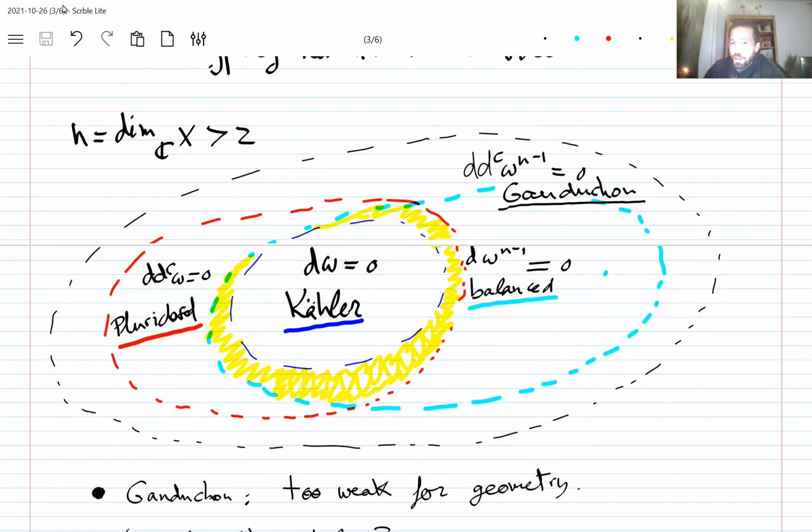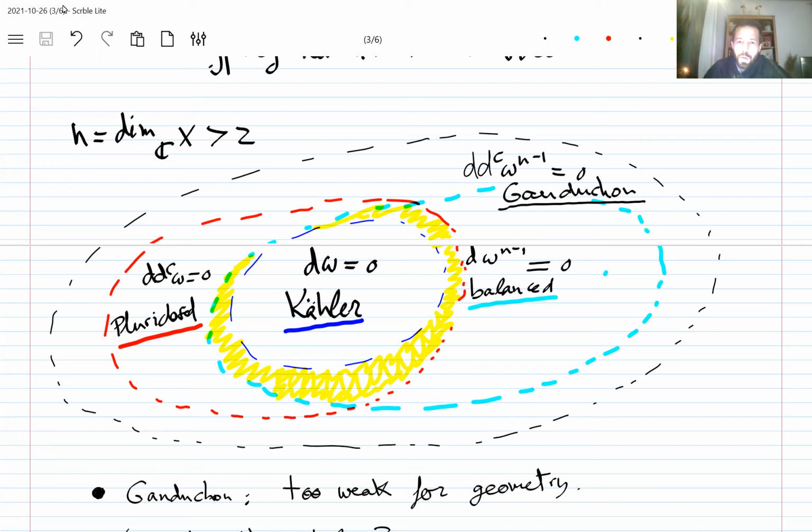The biggest set is the set of all compact complex manifolds. Any compact complex manifold admits a Gauduchon metric, due to a result by Gauduchon in the 80s. Then inside that one, of course, we have the set of Kähler manifolds.